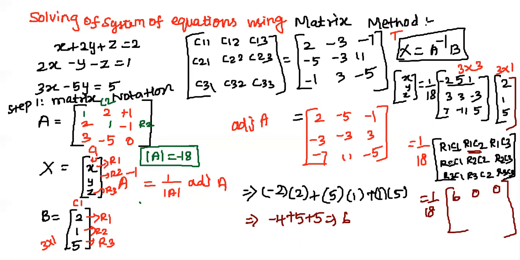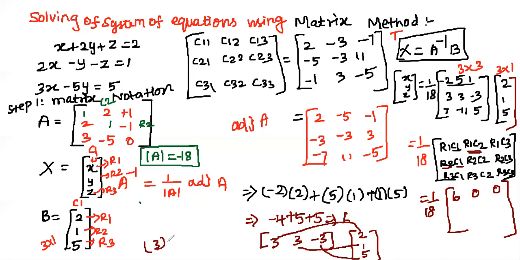And for R2 C1, R2 from the first matrix, C1 from the second matrix. What is R2? R2 is 3, 3, minus 3 and C1 from the second matrix is 2, 1, 5. So you have to multiply this and this, this and this, this and this.